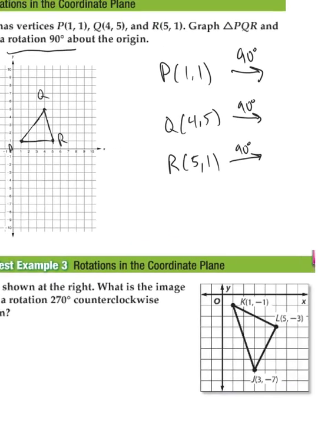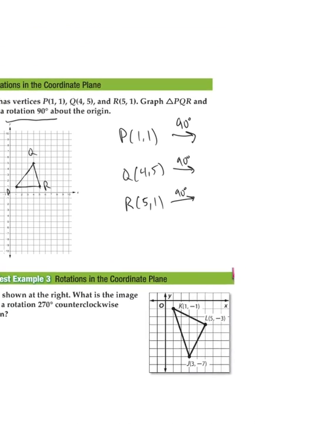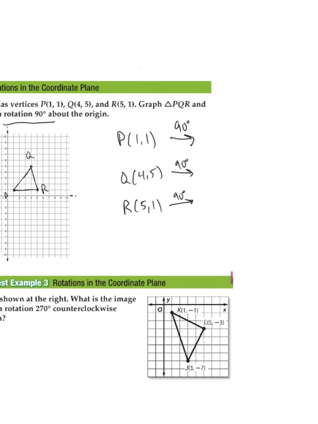So let's recall, what was the rule here, just in general terms. Guys, if we took something that was (x, y) and we wanted to rotate it 90 degrees, we flipped the ordered pair, and we changed the sign of the y. So P, the new point, I'll use another color here.